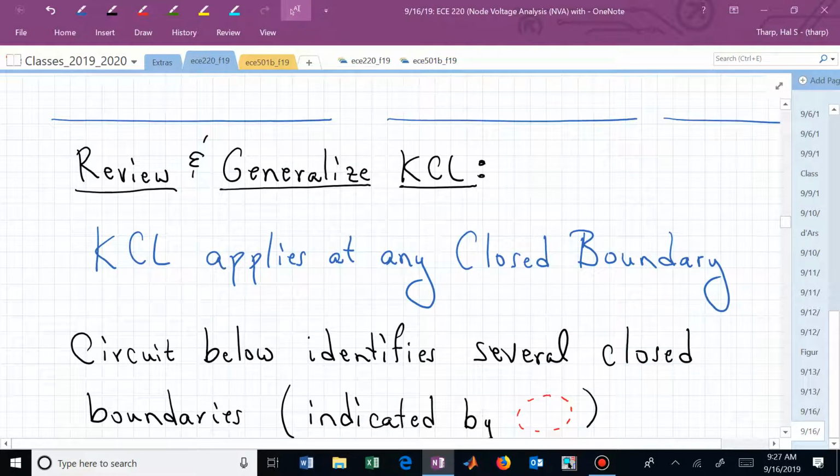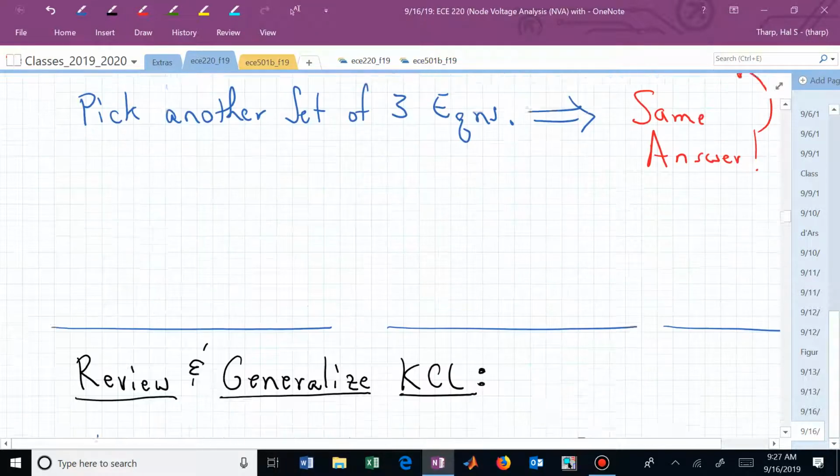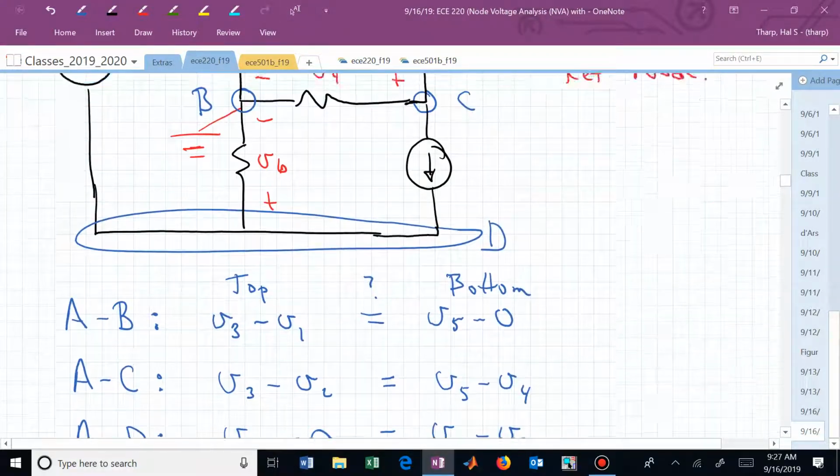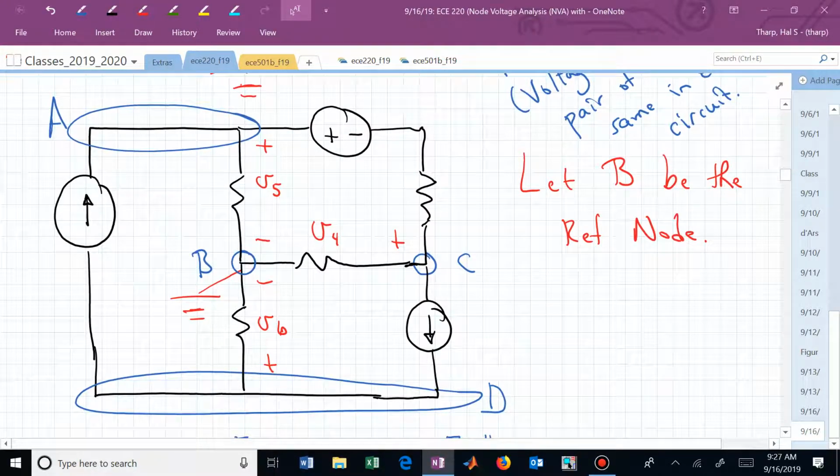So now if we had 5 reference nodes, would we have a 5 by 5 matrix? How many reference nodes, or essential nodes? Essential nodes. Five reference nodes would make the problem easy, wouldn't it? Everything would be 0. So we can't do that. We have 5 essential nodes, and playing with this, how many essential nodes did we have? 4. We pick one of those as a reference, and that now gives us 3 unknown essential nodes.